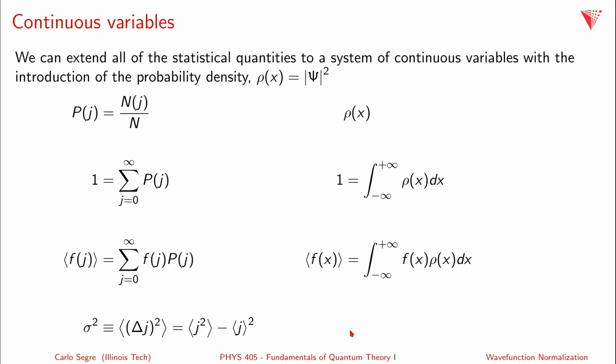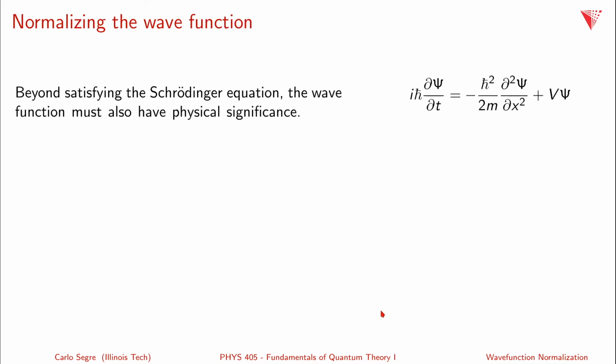That now in continuous variables is still called sigma squared, and similarly you have the expectation value of x squared minus the expectation value of x quantity squared. So with these, we can now formulate quantum mechanics and how the wave function behaves in the same way as probability theory.